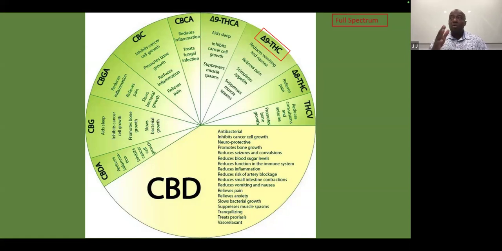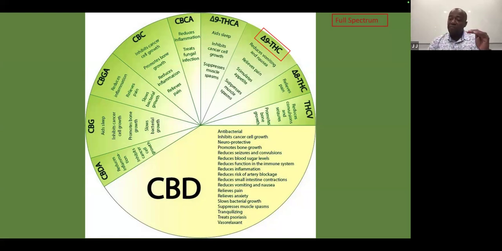Now, one thing that you need to know about full spectrum: there are over 120 different molecules or cannabinoids within the cannabis plant. I'm only showing you some of the more popular ones here right now. But through a time and temperature combination of manipulating this oil, you can actually extract certain things out and leave certain things in.